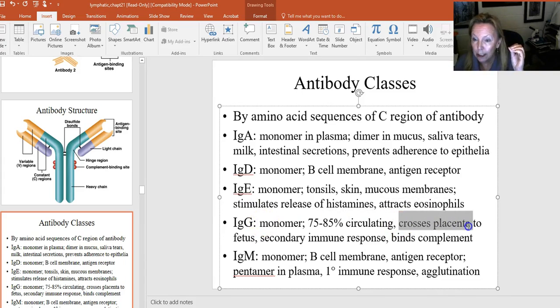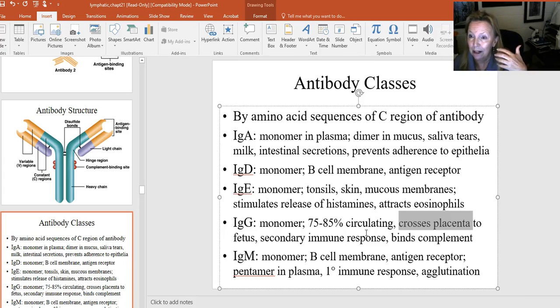These can cross the placenta, so they can protect fetuses. If a woman is pregnant that has had antibodies to rubella, measles, rubeola, anything, mumps, if she's pregnant and already has antibodies to these, it won't matter if she encounters it while she's pregnant.